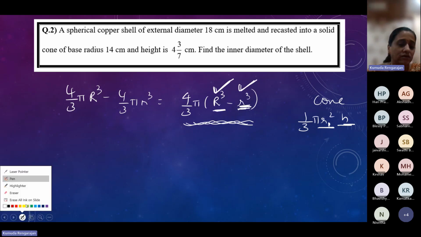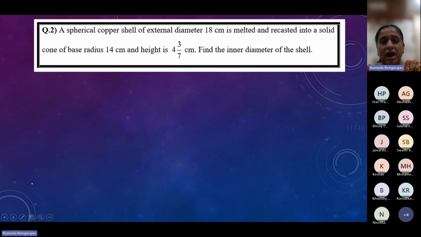So as I've told you earlier, you have to read the question and frame the equation in words. In words, the equation will be: volume of the spherical shell is equal to the volume of the solid cone.